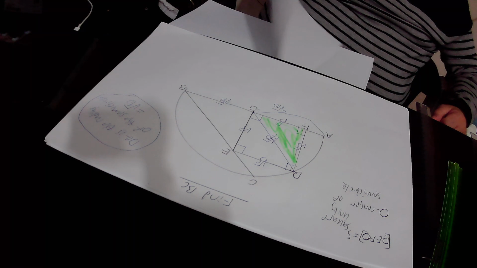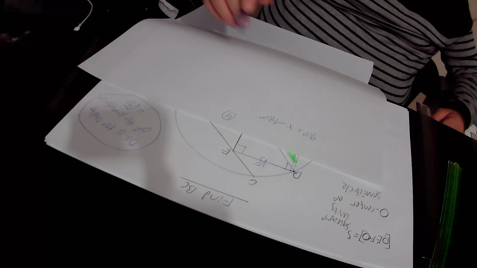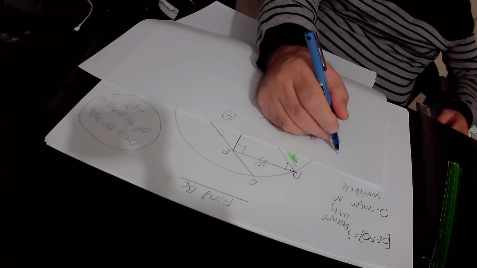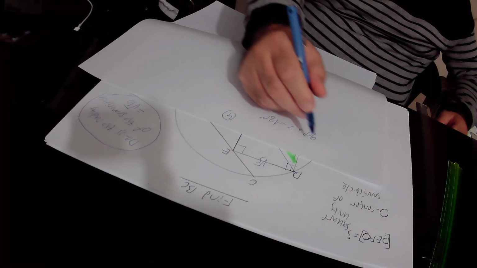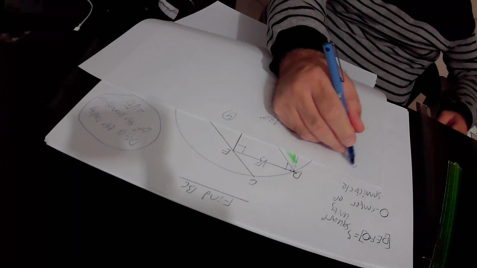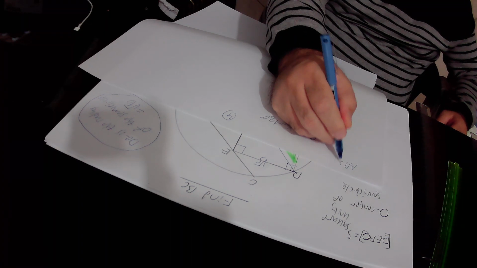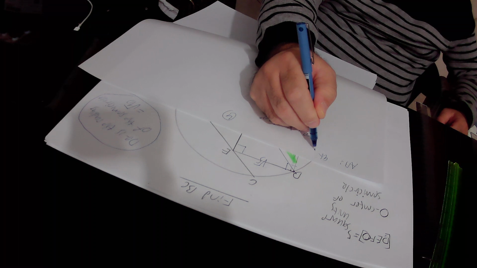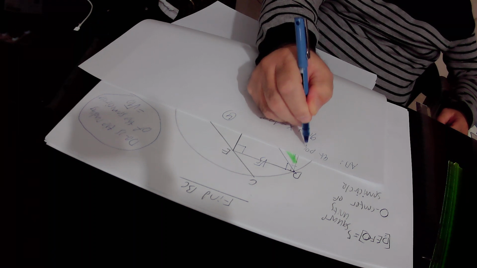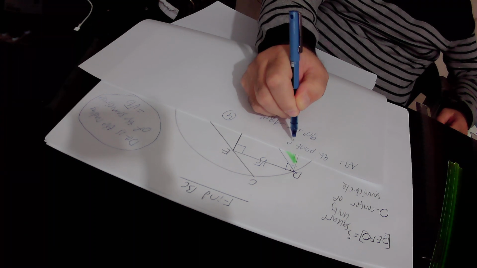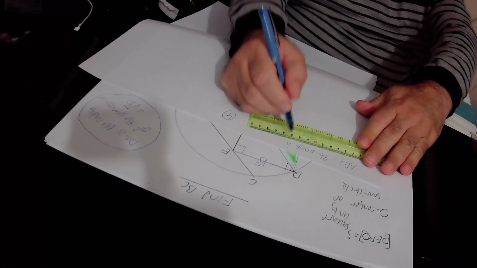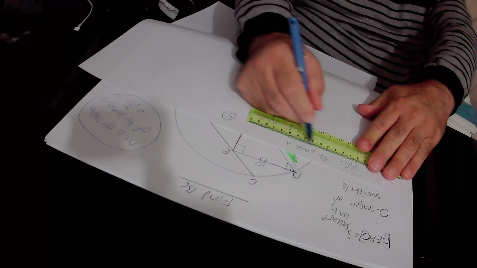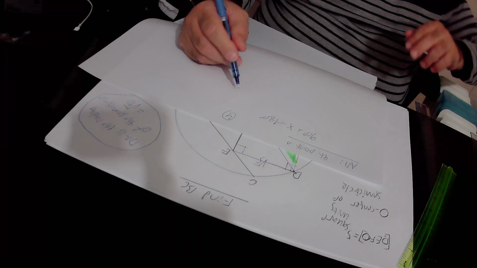So according to rule number 1, if we focus on the upper side of the straight line AB at point O, the sum of the angles must be equal to 180 degrees.